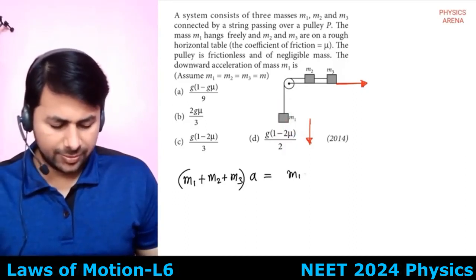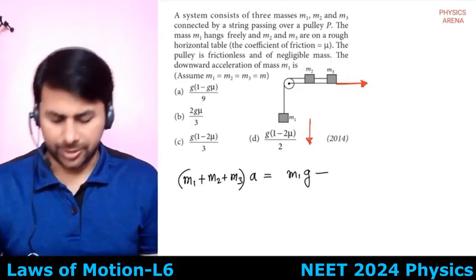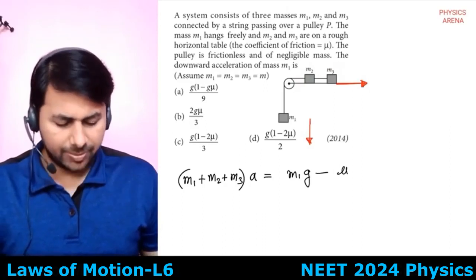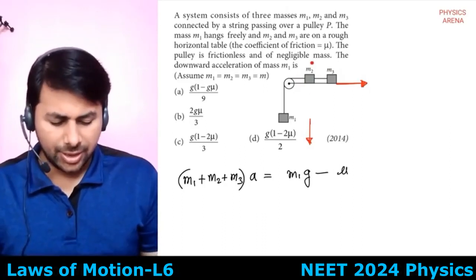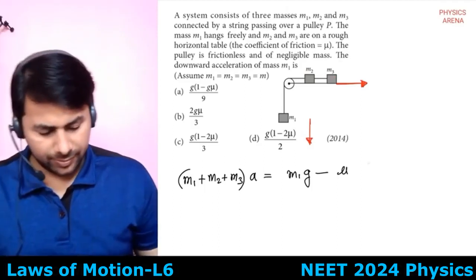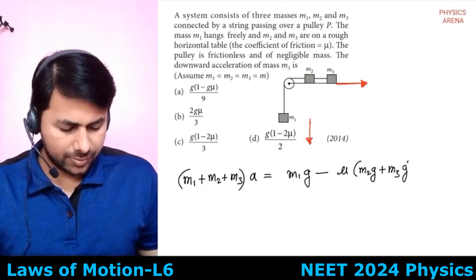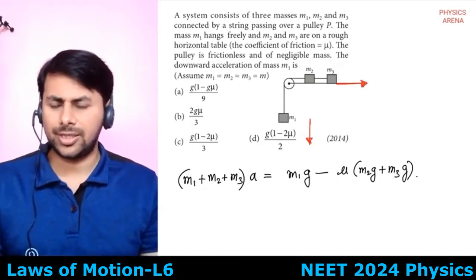It's m1 into g minus, what is the opposing force? It's the frictional force. So it is mu multiplied by the total normal reaction, which is m2 into g plus m3 into g. Got it? Yes, no?